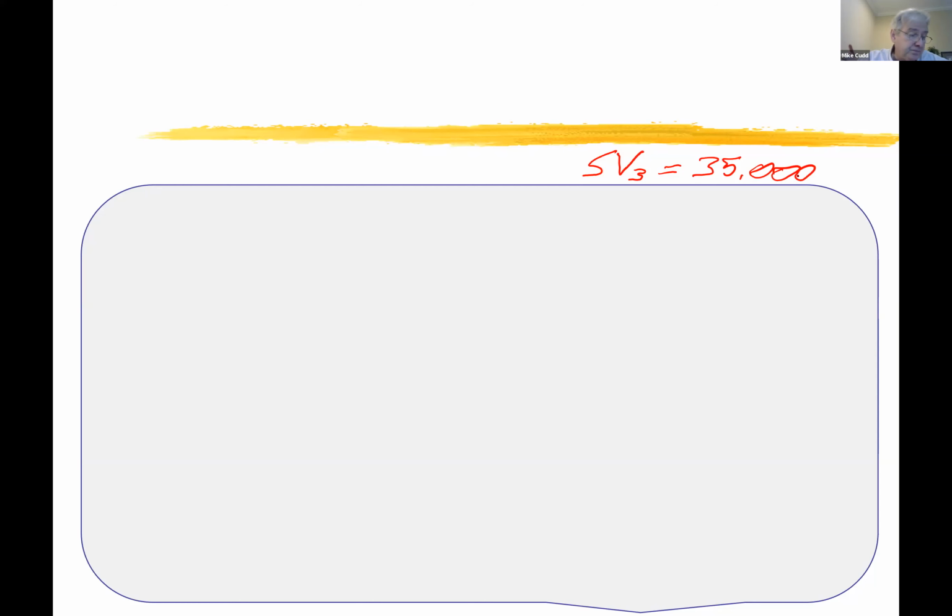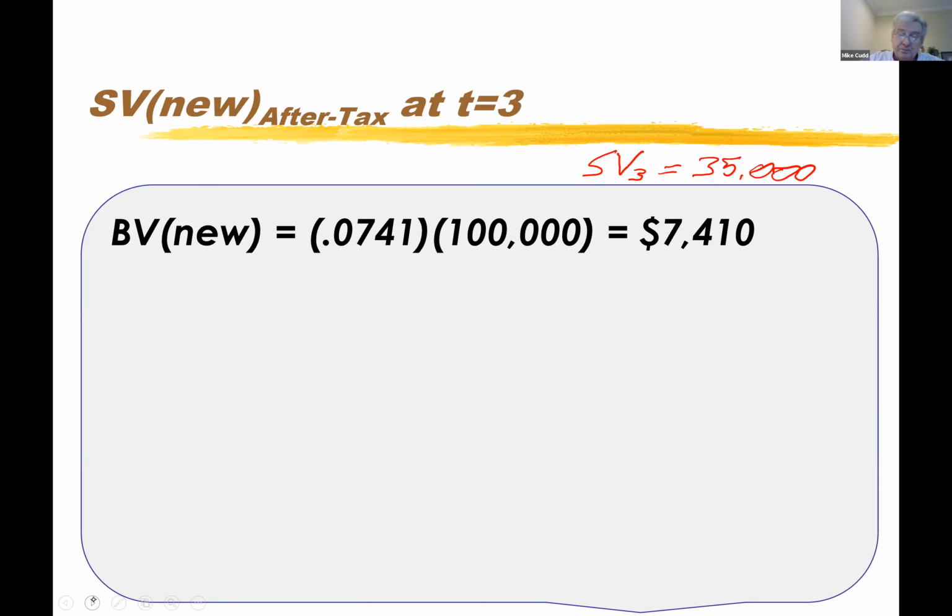Now, one of the ways to get book value is you can take the original cost and subtract 3 years of depreciation. That's what they taught you in accounting.